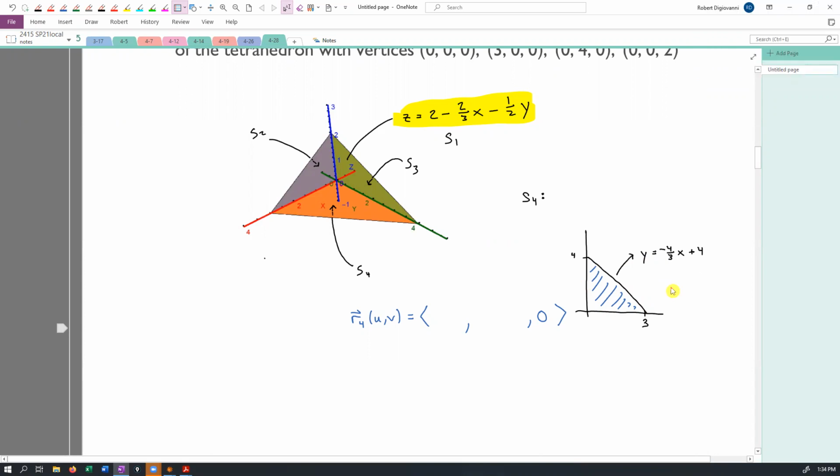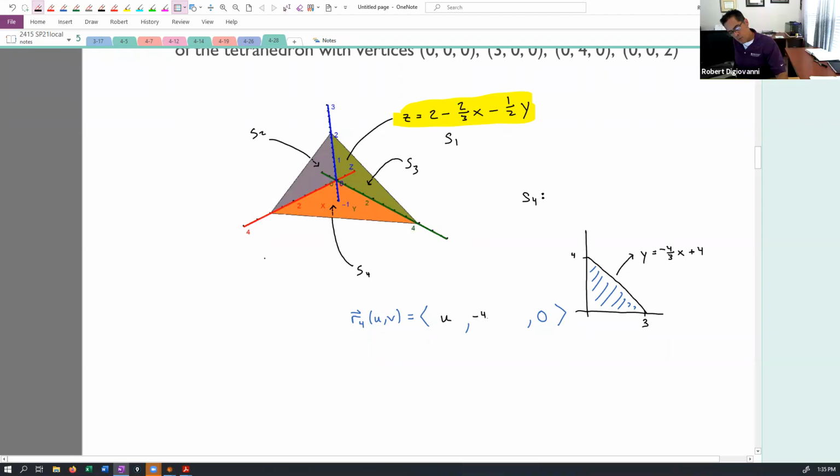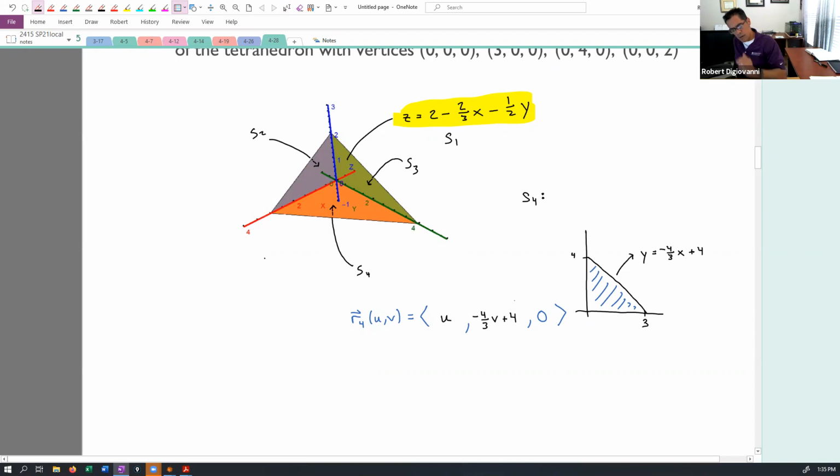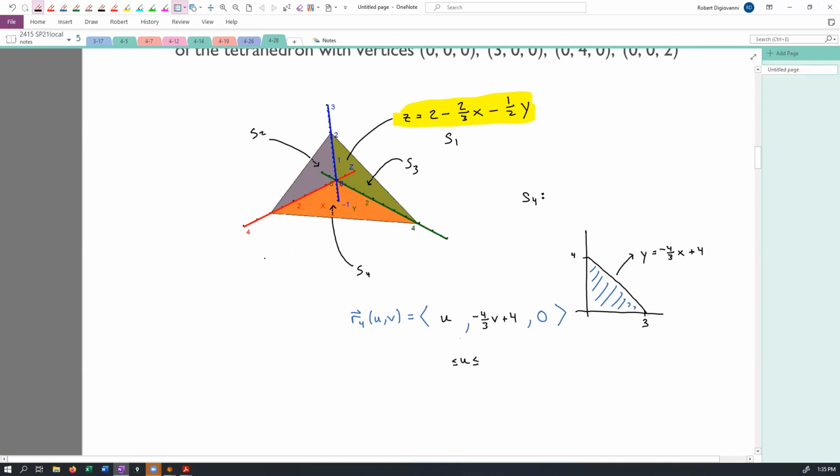Can I take a shot? Go for it. So could I just make the x component u and the y component negative 4/3 v plus 4? Negative 4/3, what? V plus 4? Plus 4. Okay. I'm not going to say no yet, but what would your restriction on u be? My restriction on u would probably be between 0 and 3. 0 and 3.